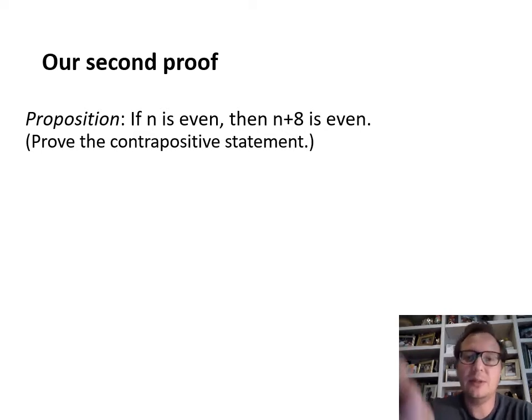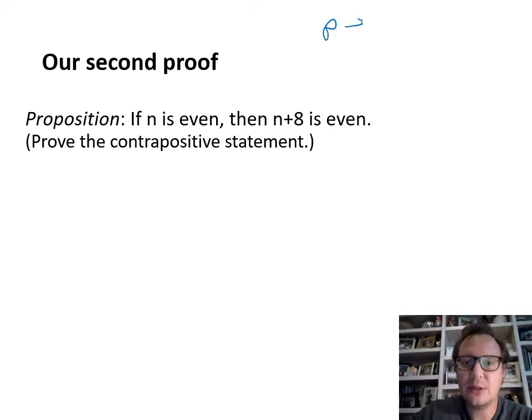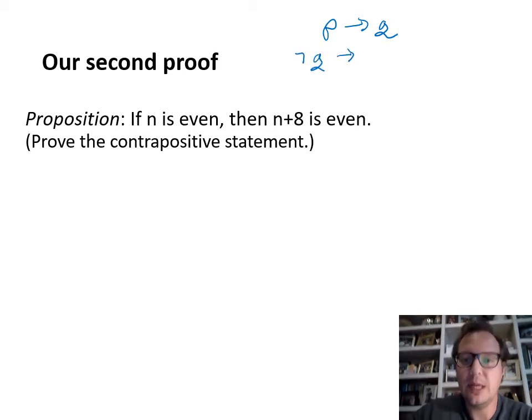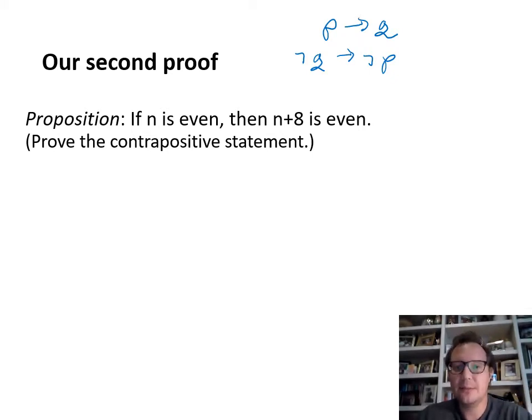We already learned in part 1 that if we have an implication P implies Q, then the contrapositive is not Q implies not P, and these two statements are equivalent, so we can use them interchangeably. So sometimes, instead of doing a direct proof like we did in the previous step, it's actually easier to do a proof by contrapositive. And so first we should state what the contrapositive of this proposition is.